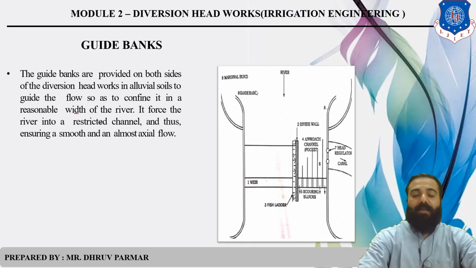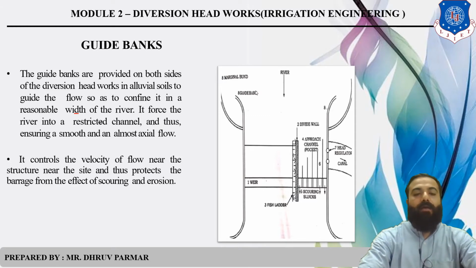As per the name, guide banks guide the flow of the water, or we can say the river. It also controls the velocity of flow near the structure and protects the barrage from the effect of scouring and erosion.